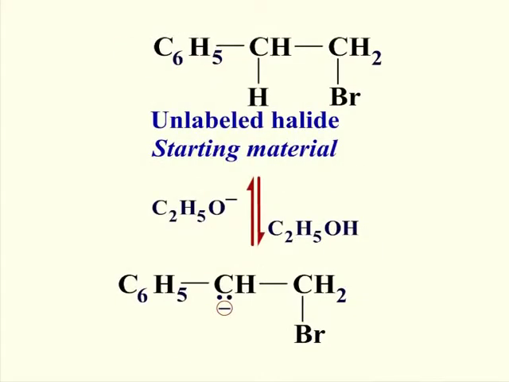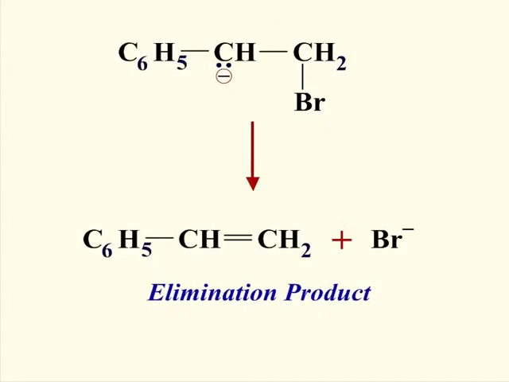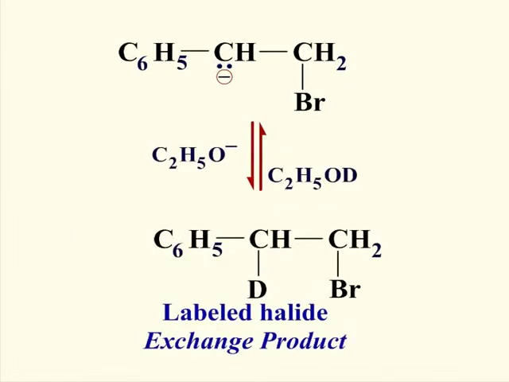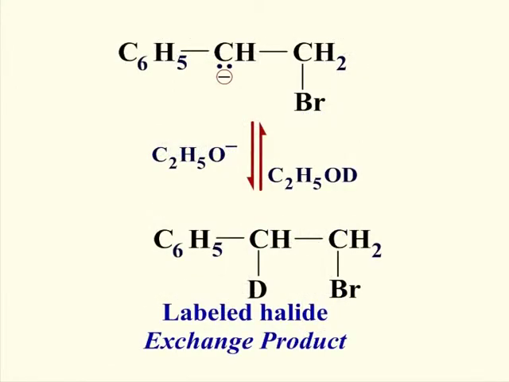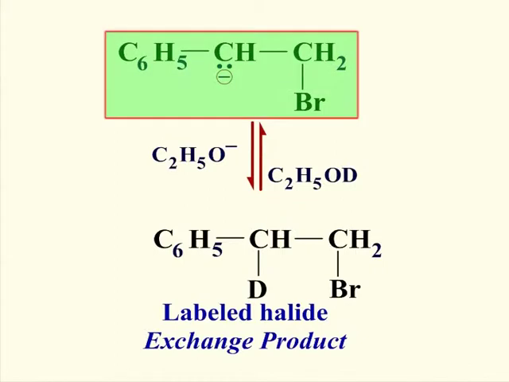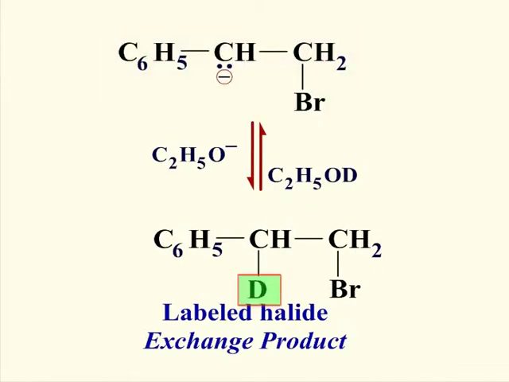This means that most of them would regain hydrogen to regenerate starting material before eventually losing halide ion to yield the alkene. But nearly all the molecules of solvent are C2H5OD, not C2H5OH, and so, in the reversal, the carbanion would be almost certain to gain a deuteron, not a proton.